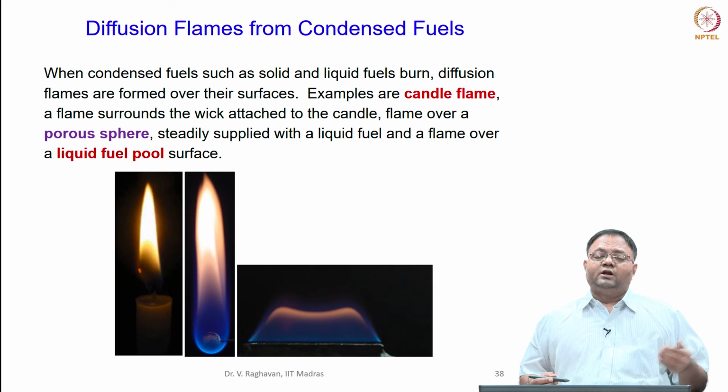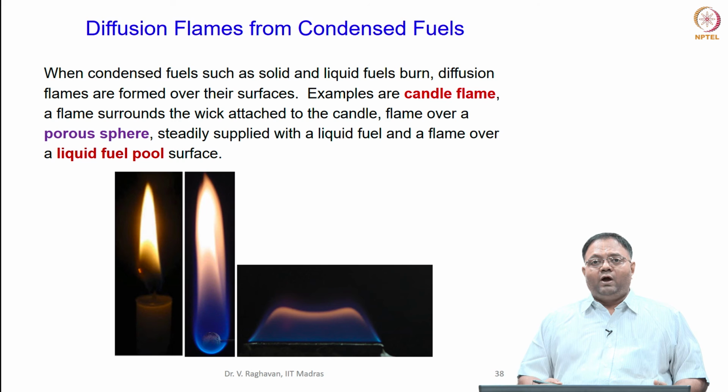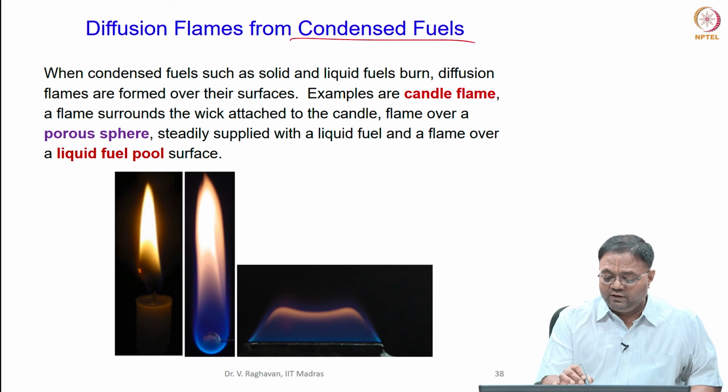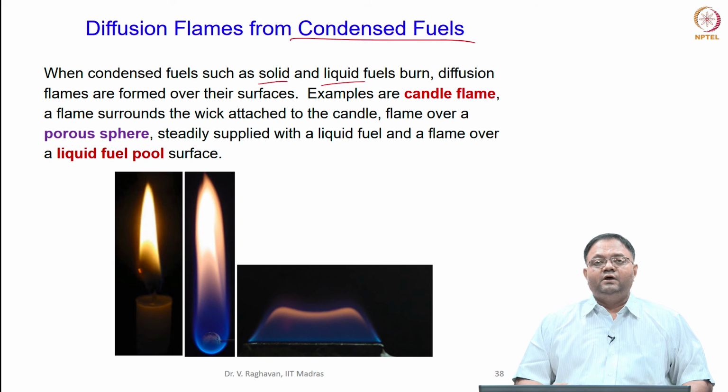Now, till now what we have seen is gaseous fuel forming the diffusion flames, but when you have condensed fuels, whether it is a solid or liquid fuel, when you try to ignite the surface, you will get diffusion flames formed over the surface.